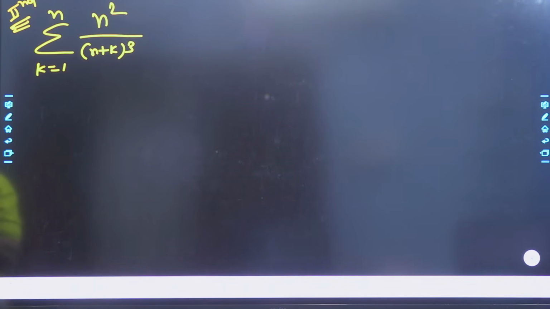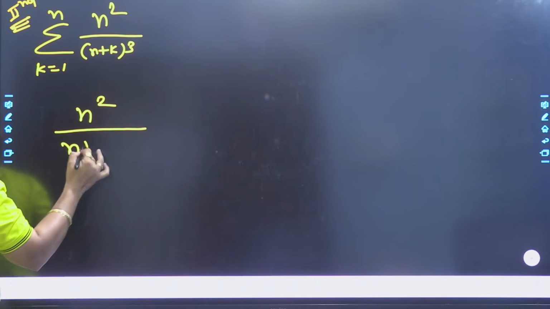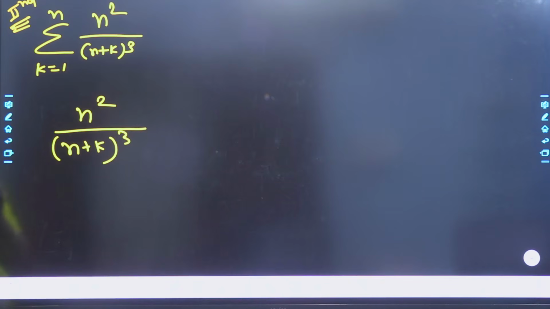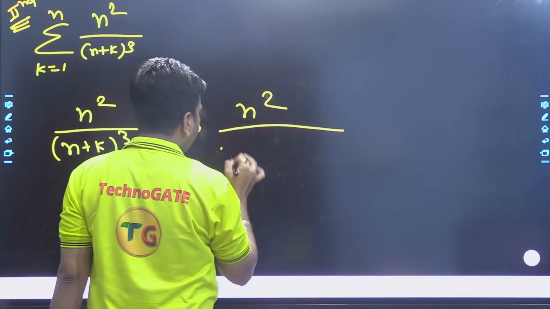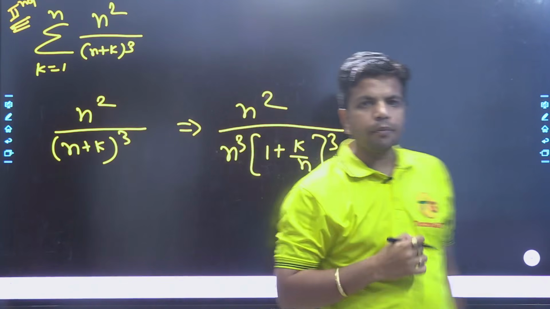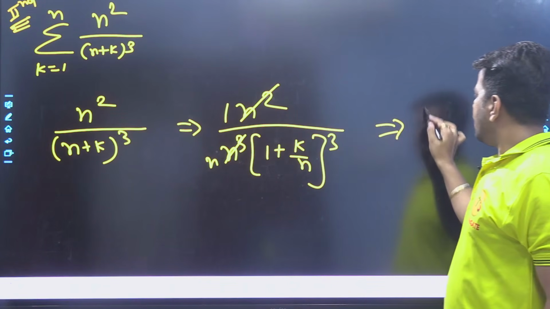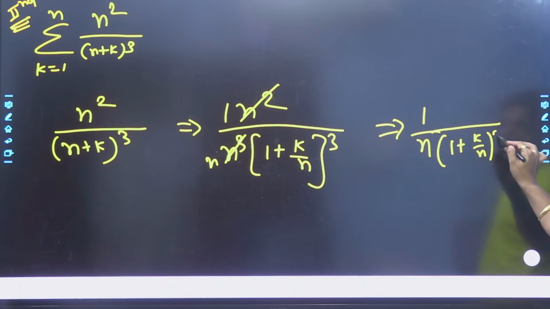Let's simplify n square upon (n plus k) cube. Taking n cube common, it is n square divided by n cube times (1 plus k by n) cube. Now cancel out the terms, so this is 1 by n. On simplification it becomes 1 by n times 1 over (1 plus k by n) cube.